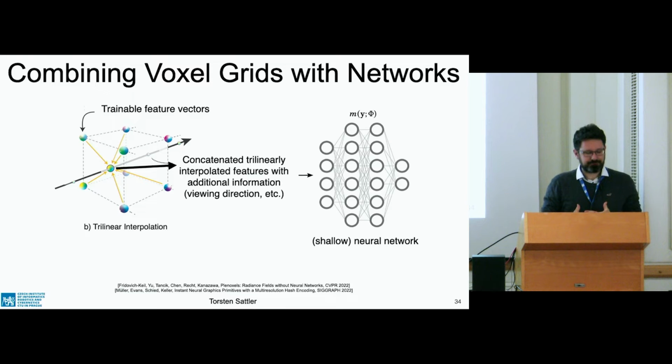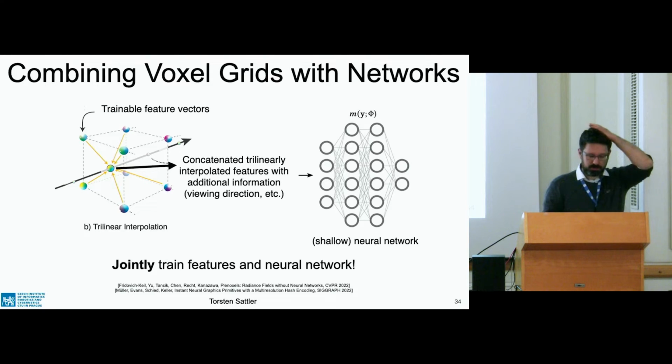The idea is that rather than having to encode everything explicitly in the features and having a fine enough subdivision that linear interpolation makes sense, you have this neural network that can model nonlinearities. That hopefully means you can have a coarser subdivision combined with a small neural network, and you would jointly train these features and the neural network.